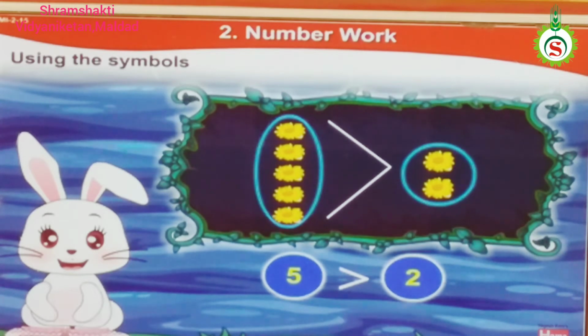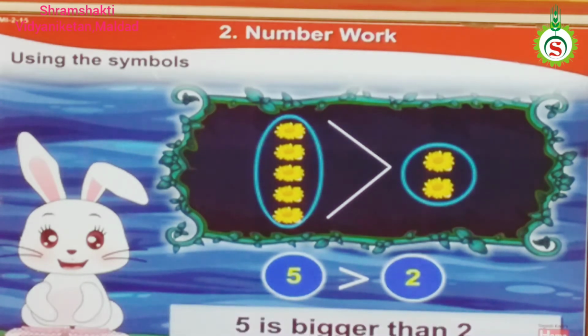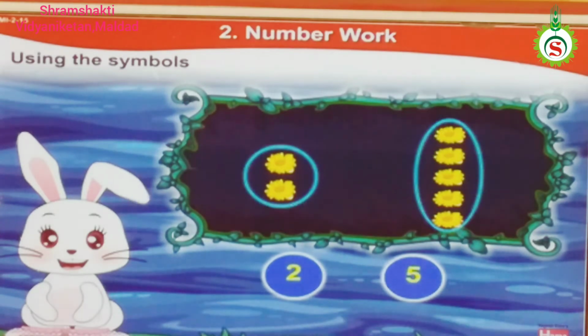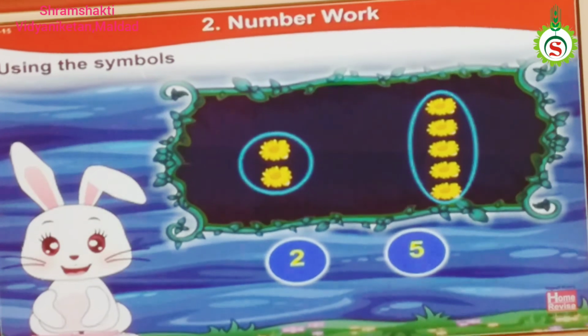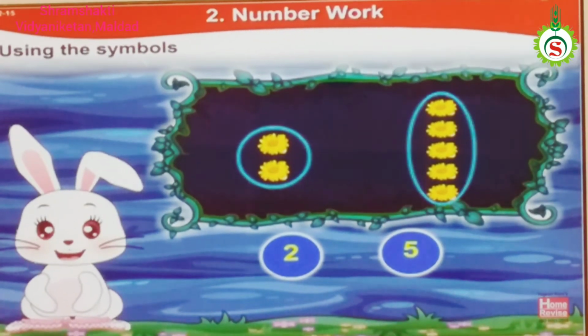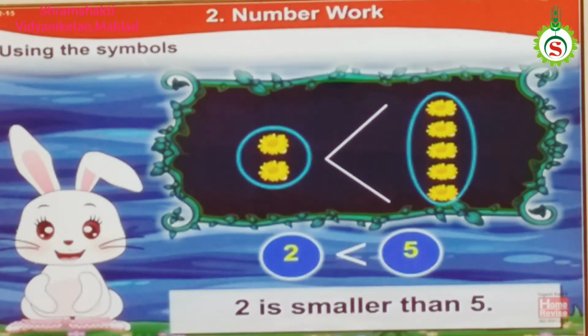And we read it as 5 is bigger than 2. Now here's another example. We have 2 and 5. You know that 2 is smaller than 5, so you write it like this: 2, symbol of smaller than 5. And you read it as 2 is smaller than 5.